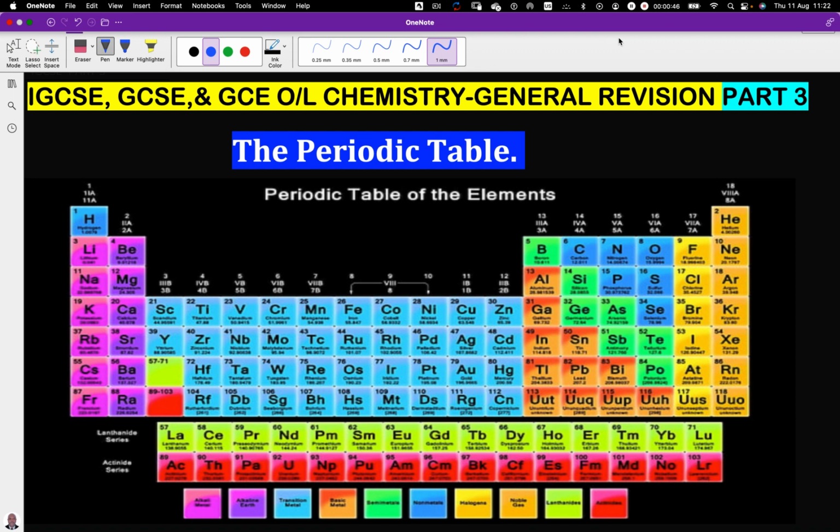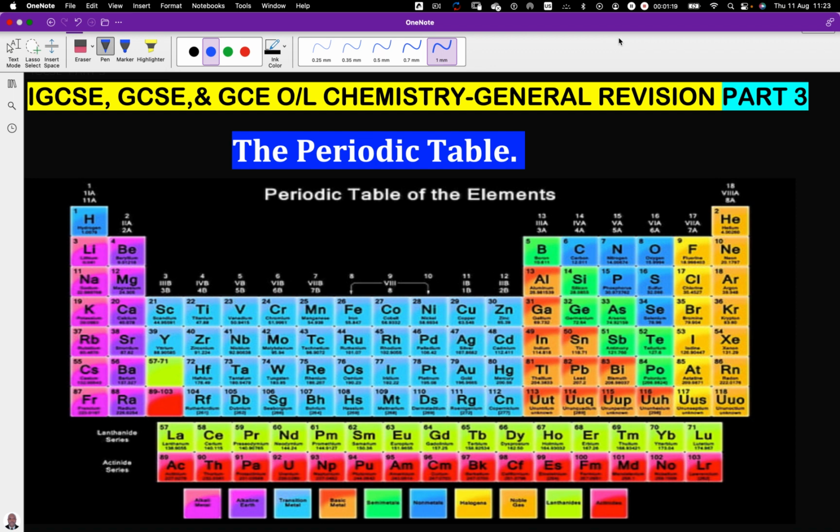So precisely, we will be dealing with how elements are arranged in order of increasing proton number on the periodic table. We will discuss the groups, the vertical columns in the periodic table.